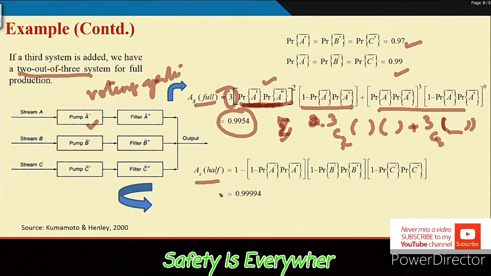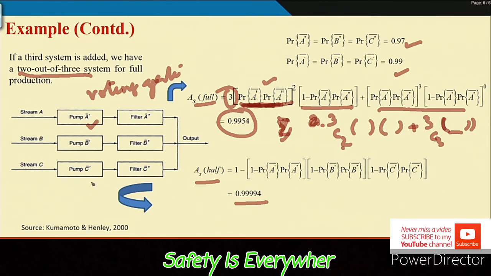Now for AS half, what you are doing here, AS half means 1 minus unavailability. So that sense you have complete system means no production. So if one of the streams works, half production will be there. So there are 3 identical streams. So none of the streams works, that is no production.